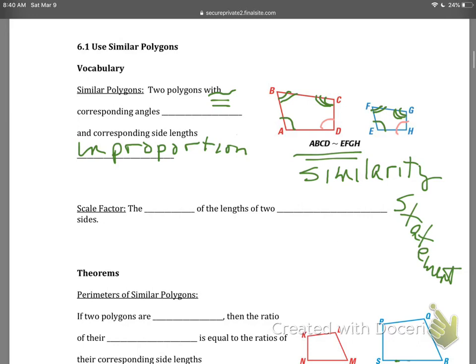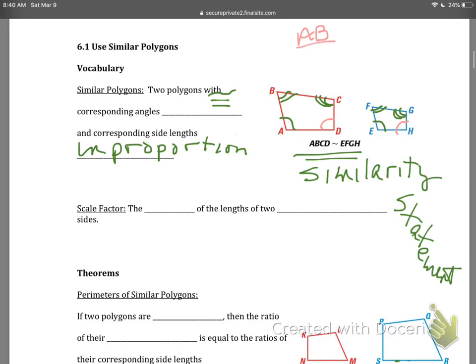Okay, the scale factor tells you how the sides are related to the sides of the other shape. Okay, so for example, I have a ratio for ABCD and EFGH. I'm not sure what that is, but I can do my proportions.